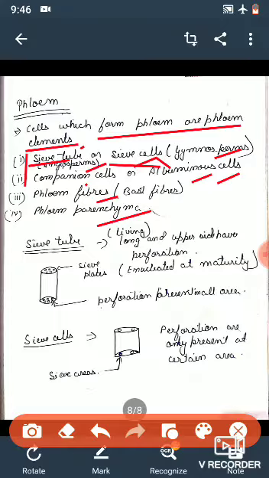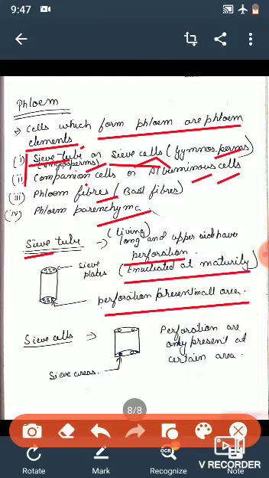Now the sieve tubes, which are present in angiosperms, are again long and column-like, and they have perforations on the upper side, and these perforations are all over the area. They are enucleated at maturity.